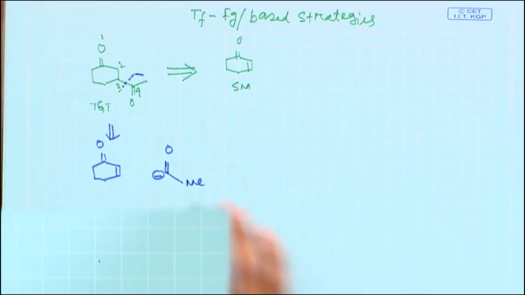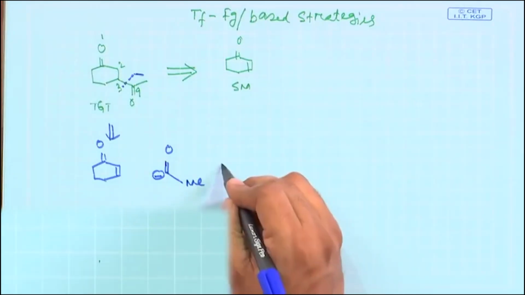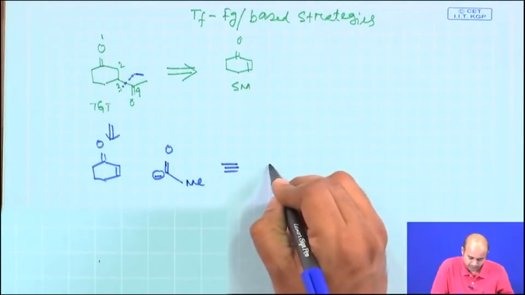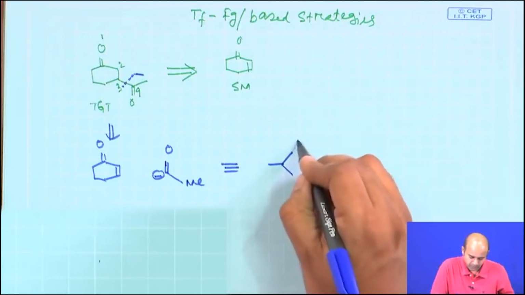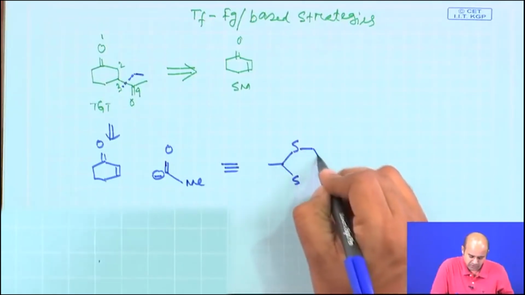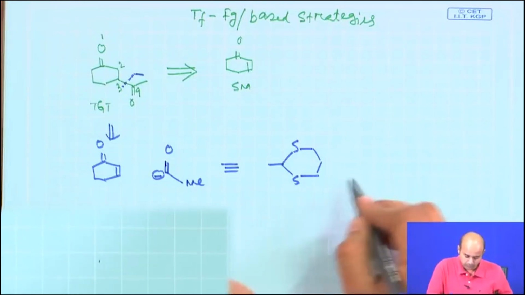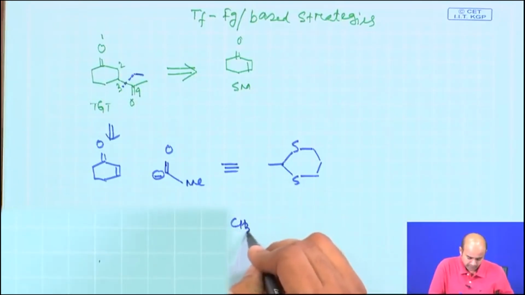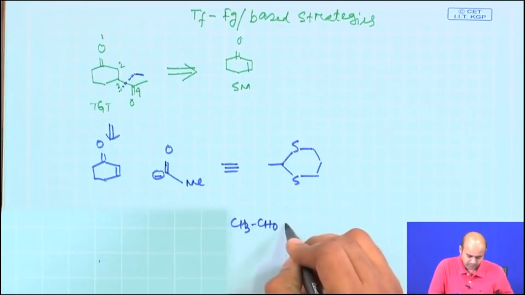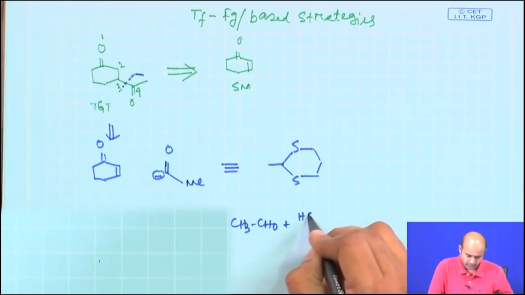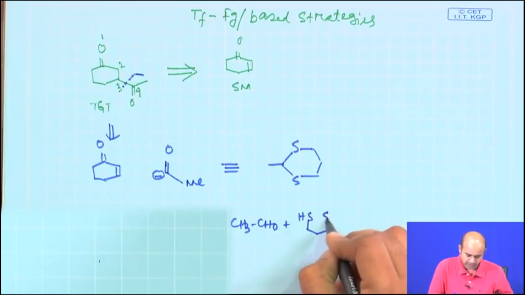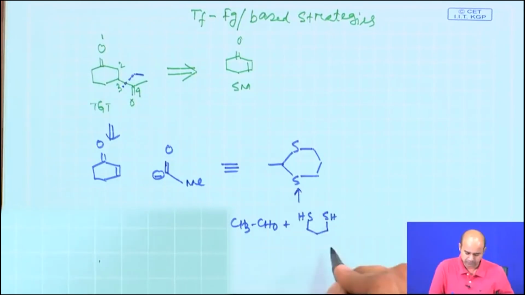Now, as we discussed, this species can be easily generated from 1,3-dithiane chemistry of acetaldehyde. So, what you do? You take acetaldehyde, react with 1,3-dithiane, you will get this one, fine.